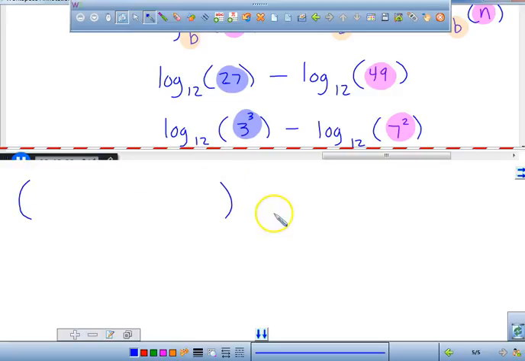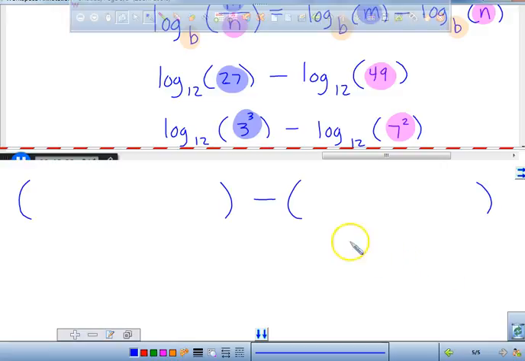I'm going to do the long way. I'm going to do the short way. Here's the long way. The long way is understanding that 3 times 3 times 3 gets you to 27. So if you wanted to, you could write log base 12 of 3 plus log base 12 of 3 plus.